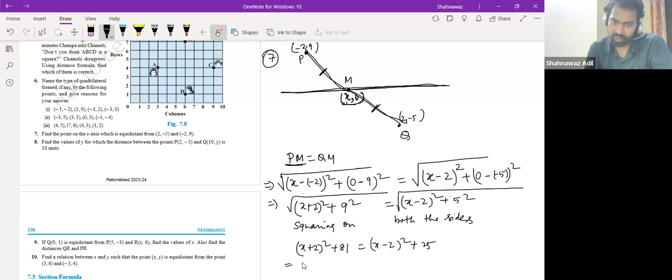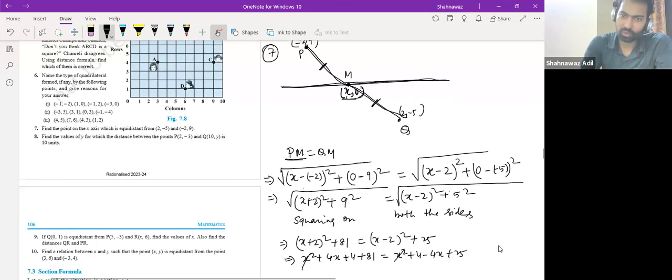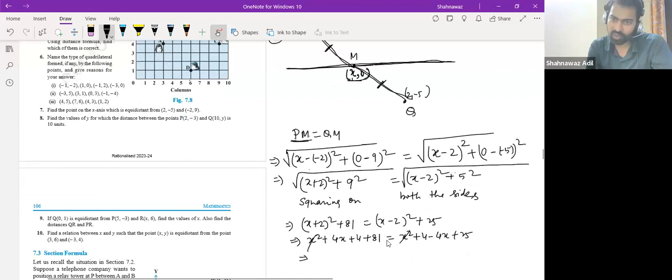So x square plus 4x plus 4 plus 81 is equal to x square minus 4x plus 4 plus 25. Right, guys? So x square cancels, and this is 4x and this is minus 4x. So this will become 8x, and this is plus 85 equal to 29.